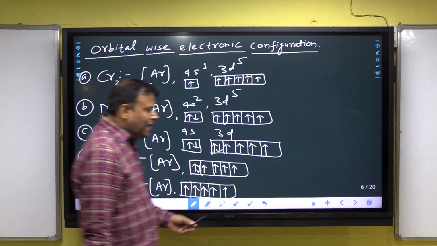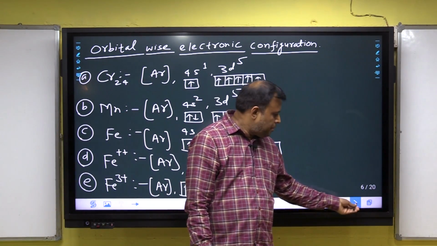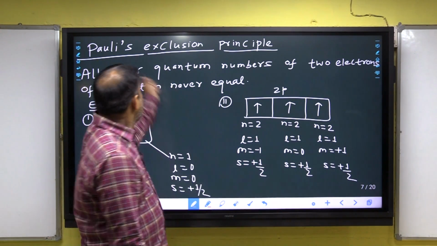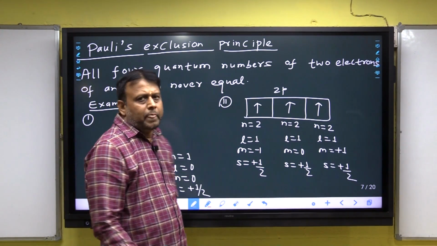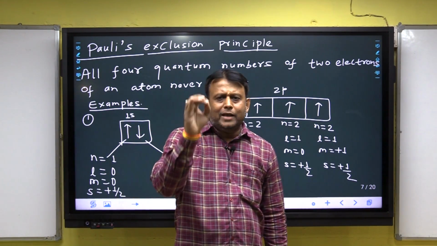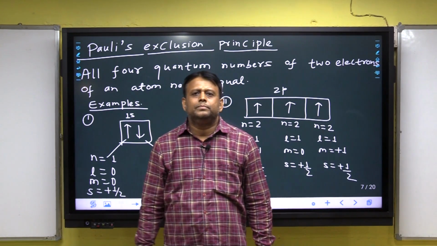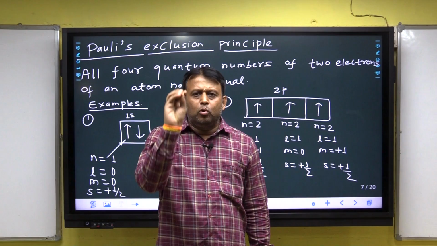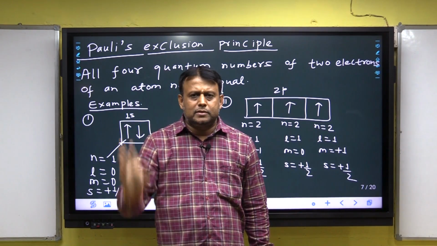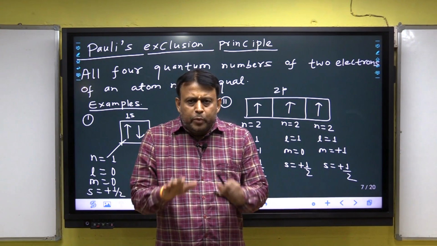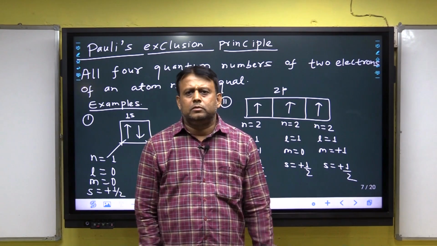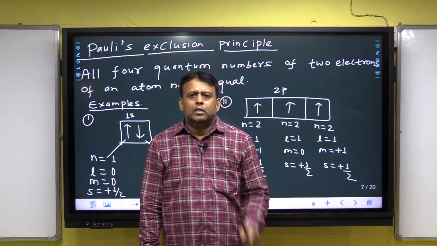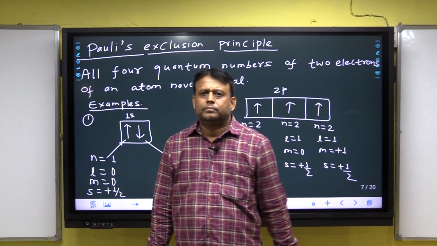Now, the next topic is Pauli's exclusion principle. Look at the board. Pauli's exclusion principle is, listen carefully, all four quantum numbers of two electrons of an atom are never equal.